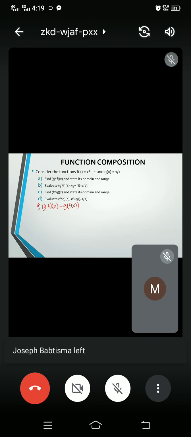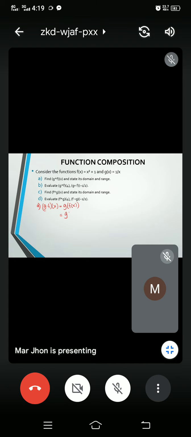So is equal to G of F of X. Your F of X is equal to X squared plus 1, right?